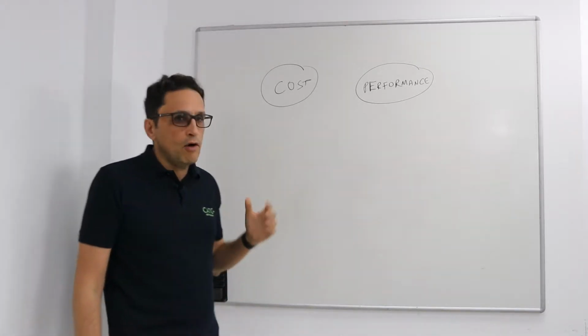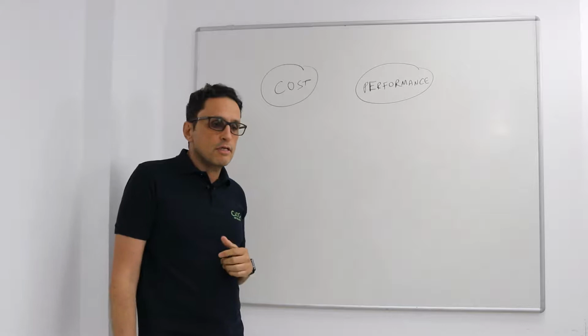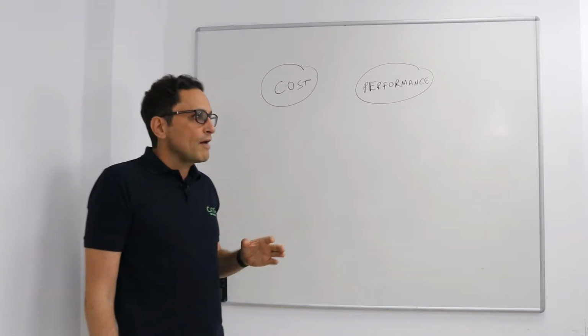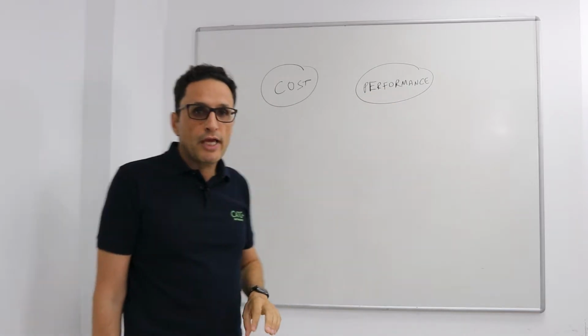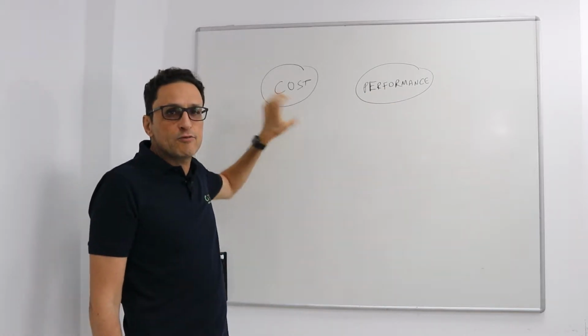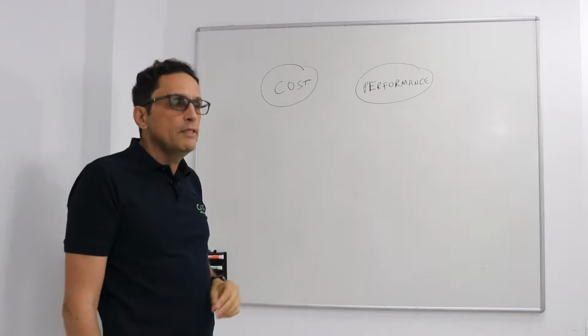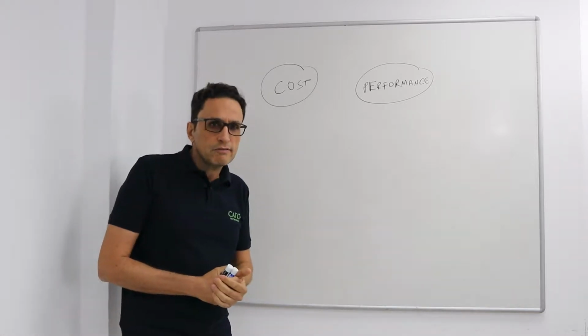And if you think about the kind of challenges we solve for customers, I think ultimately it boils down to cost and performance, okay? What is the cost of the networking and security infrastructure, and can we reduce it?